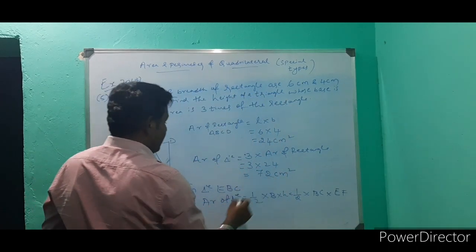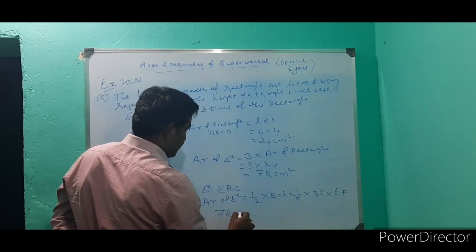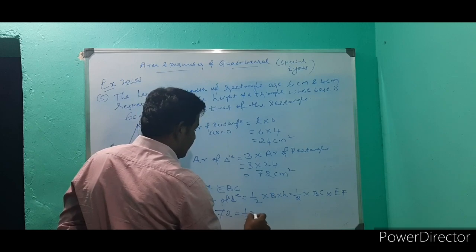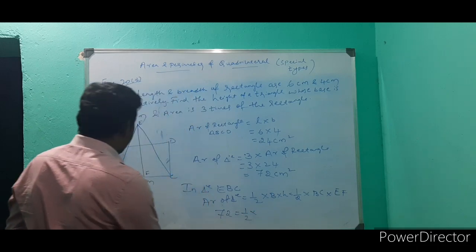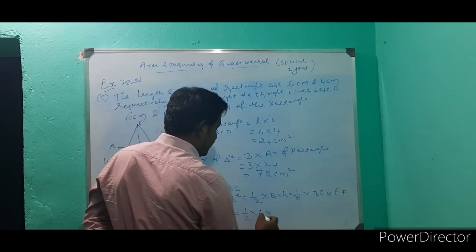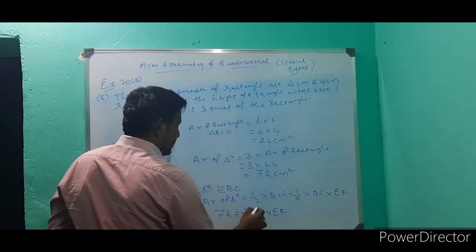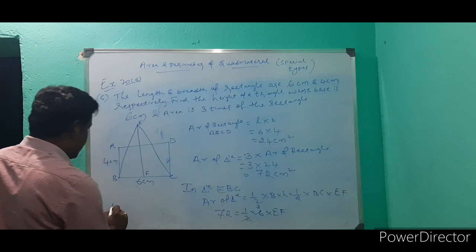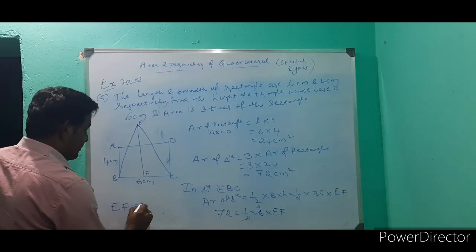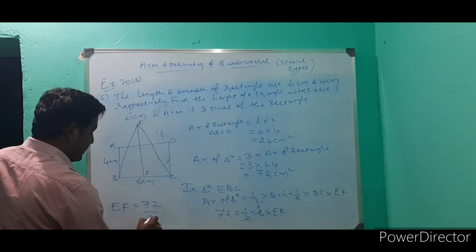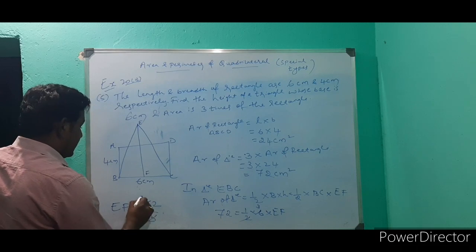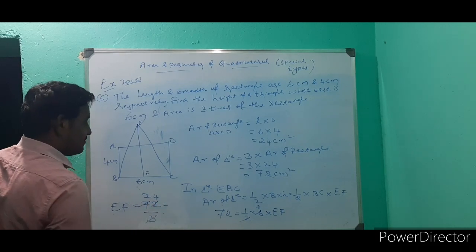So area of triangle we found out here is 72, half into BC value we know, 6, into EF. So EF is equal to 72 divided by 3. 3 1s are 3, 3 2s are 6, 3 4s are 12.